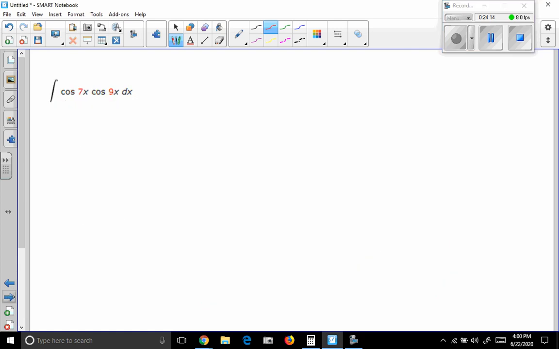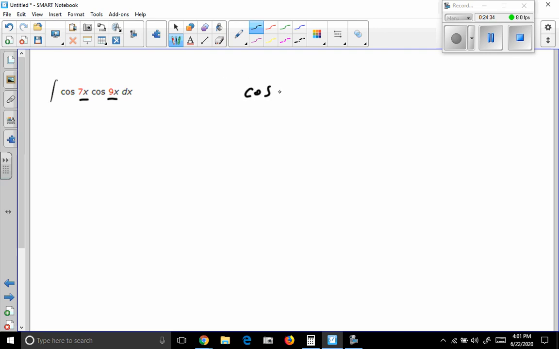So I think we may have one more. What if we have 2 cosines or 2 sines that have different values on the inside? They're of different angles. Well, we have formulas to combine those.